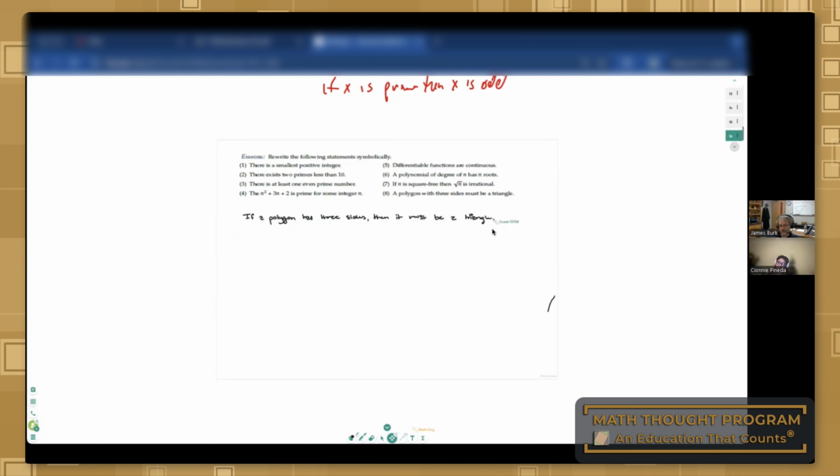Now, when you write in terms of the if-then statement, do you see the universal aspect of the problem? Yeah, for every polygon with three sides. It becomes a little more obvious, doesn't it?